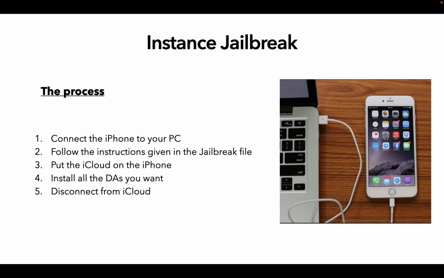And the phone will shut down and then turn back on. Once it's turned back on, that's when it'll be jailbroken. Then you're going to have to put the iCloud inside that phone. Obviously the phone is reset. So you set up the iCloud at that point, install all the dating apps you want, Tinder, Badoo, Fruitz, Bumble, in short, anything you want in terms of dating apps, which you then use.